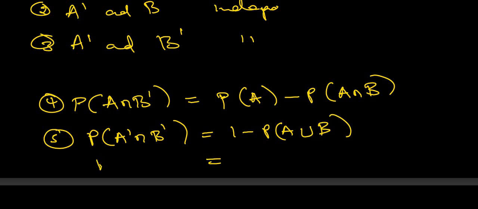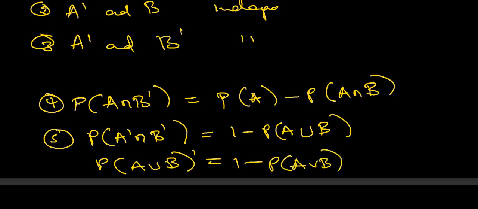From here, this is the same as the probability of A union B with the complement outside. So it turns out to be this. You already know what this is, so you can just replace it as well. These are some of the properties you're supposed to know whenever you're dealing with independent events. So hope this is okay.